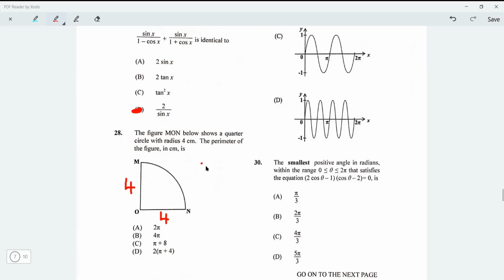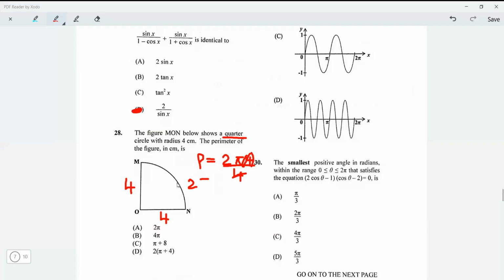The perimeter of the whole circle would be 2 pi times r, where r is 4. But you just want this piece, which is a quarter of it, so we divide by 4. This 4 cancels this 4, and so this length is 2 pi.